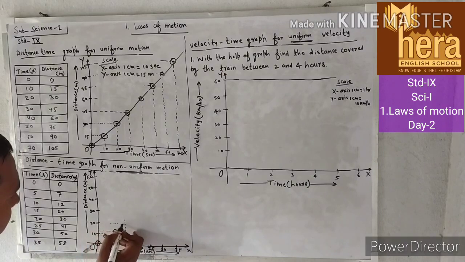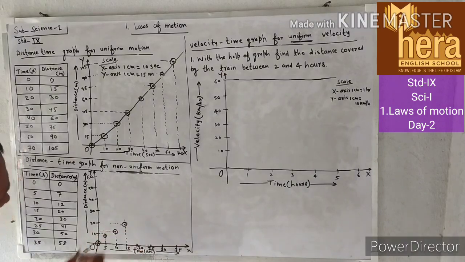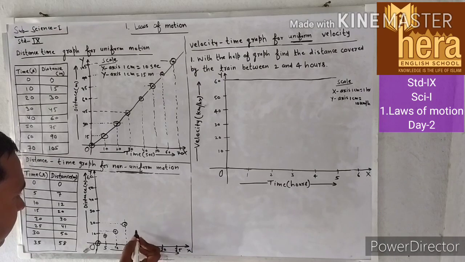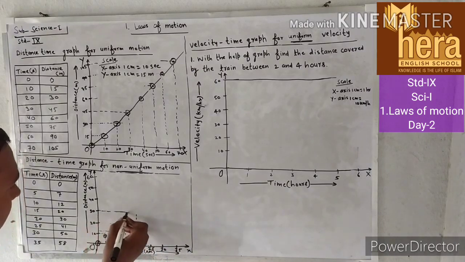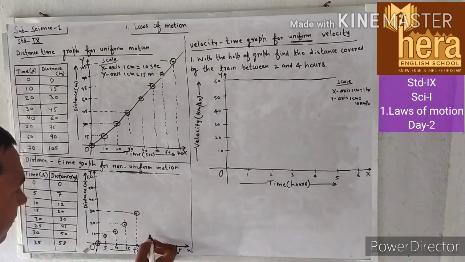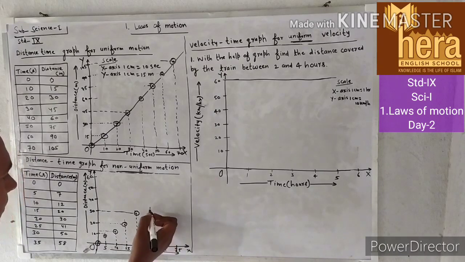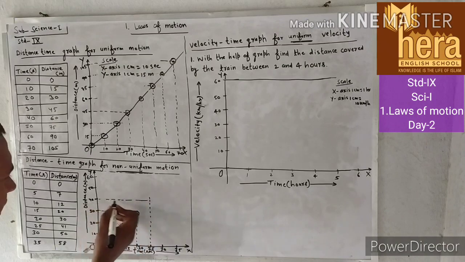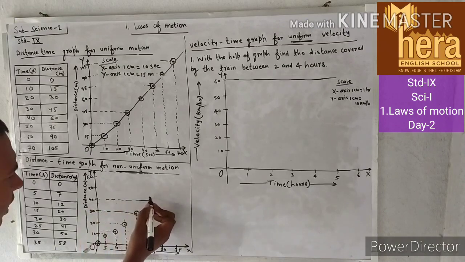Here will be 20. 20 seconds, 30. 25 seconds, 41. See, this is 40, 41 maybe, just above 40.